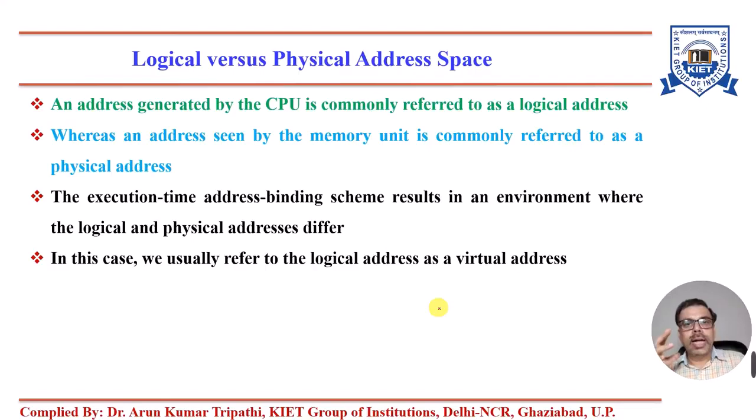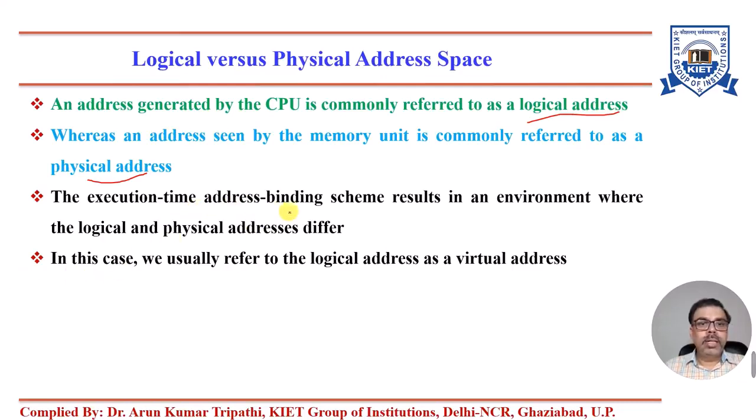Now, as I have discussed already, the CPU generates an address that is known as the logical address, while an address seen by the memory unit is commonly referred to as the physical address. So we have to convert the logical address into the physical address. We will refer to two schemes, the first one is paging and the second one is segmentation, in our future videos.